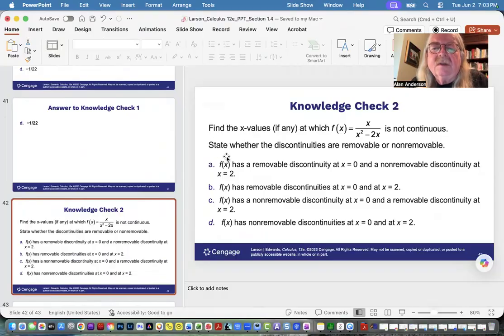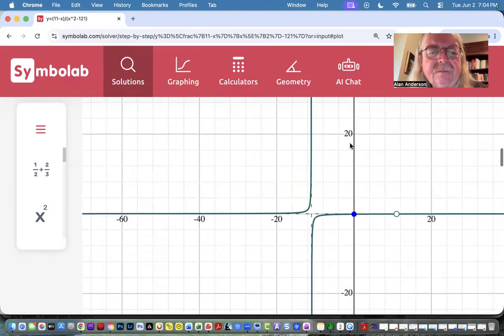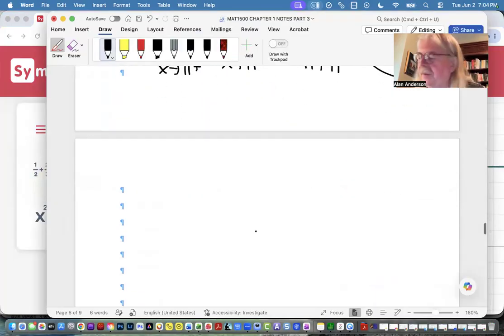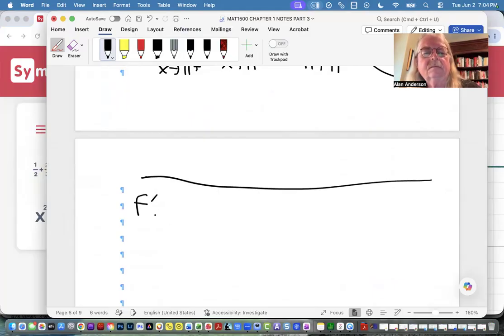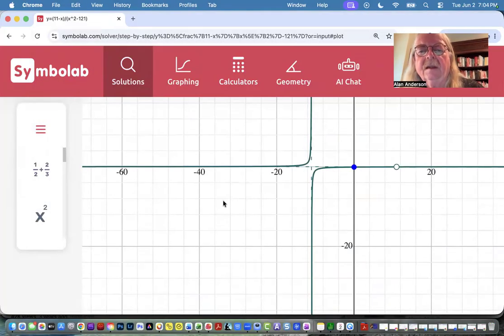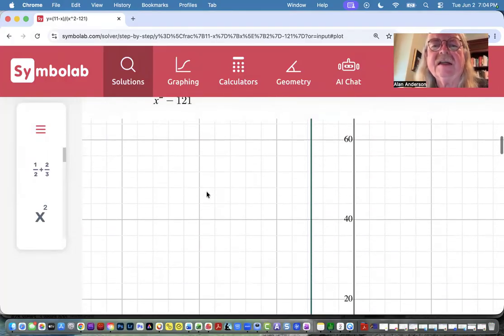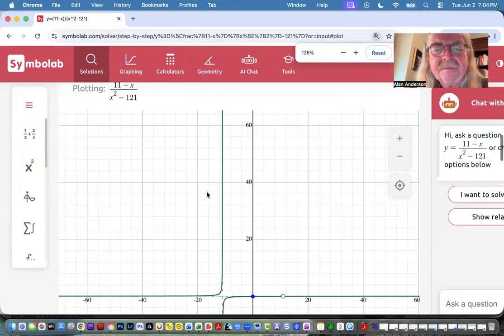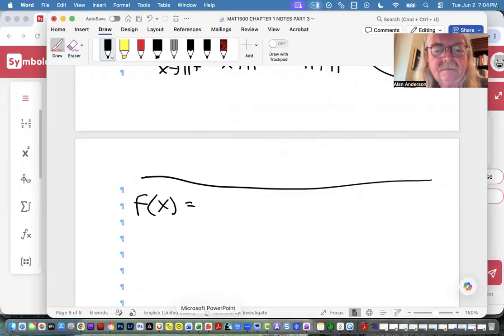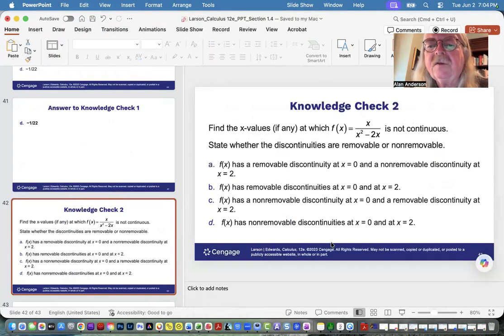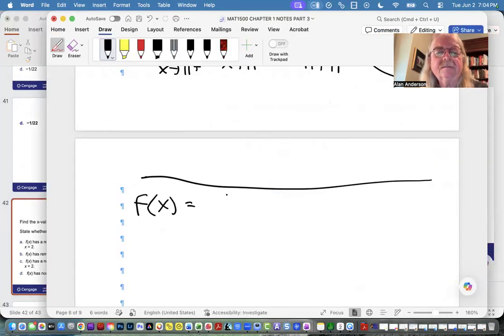So now look at this one. Find the values of x, if any, at which it is discontinuous. Obviously we're aiming for any values that cause division by zero. All right, let's see what we can do. We're going to graph this in a second, but hold on one second. x over x squared minus 2x.